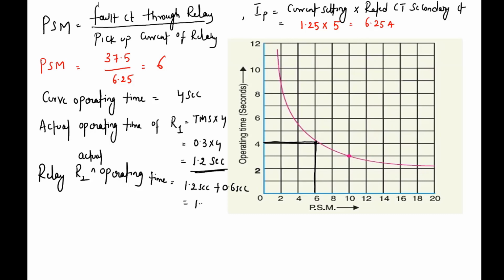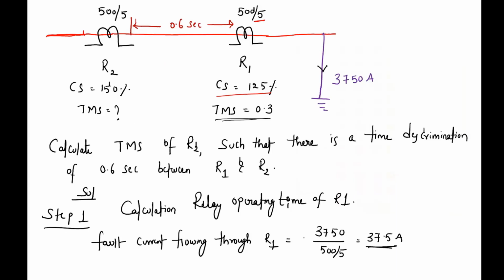This value is 1.8 seconds. Okay. So we have to design such that its operating time is 1.8 seconds. But here from the curve, depending upon its current setting value, we will get some time, and to get that 1.8 we will multiply with the time setting multiplier.